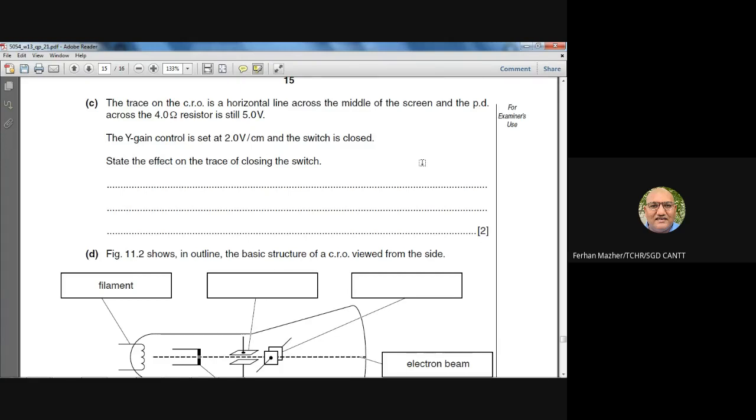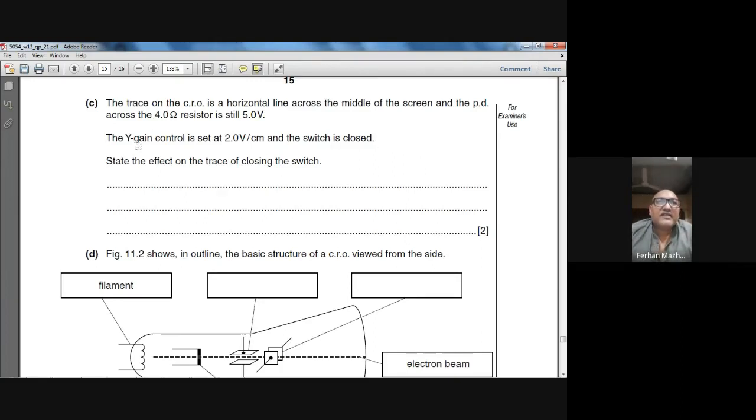You know that because it's a DC current and its value is 5 volt, on the CRO screen, from the mean position, it will be either above or below. Suppose it's above, it will be a horizontal line. And how much up did it go?